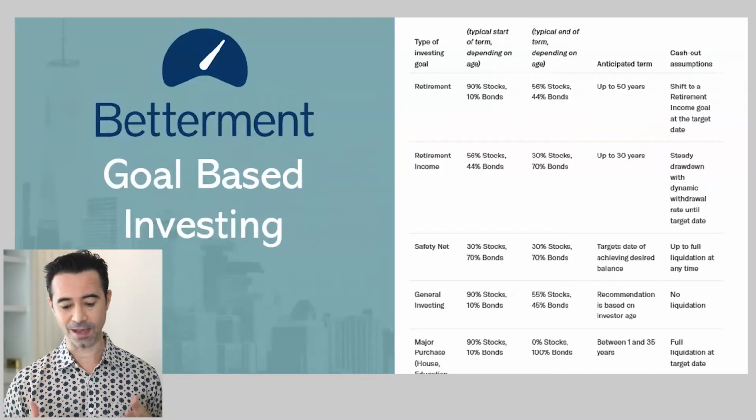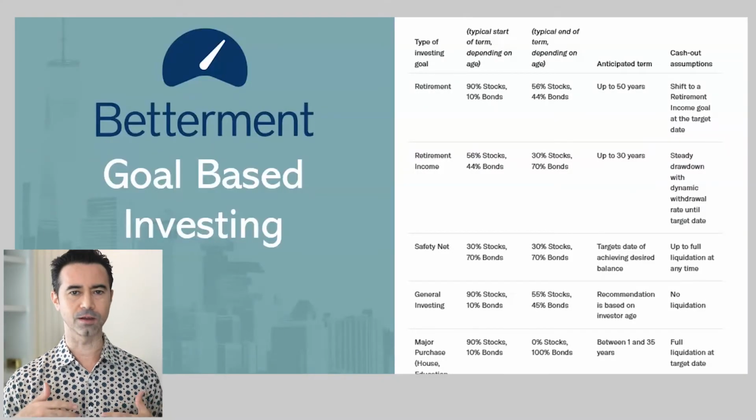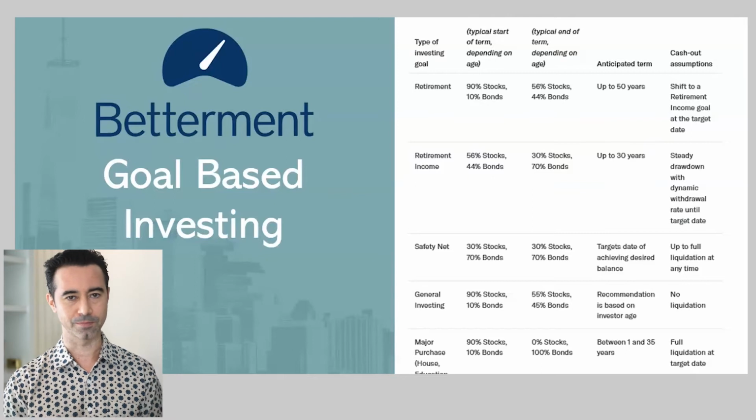And to figure all of this out, it is best that you link all of your different accounts so Betterment has access to seeing how much money you have everywhere, and they can link everything together and structure it correctly. As long as you do that, you can get to the point where you have more of a goal-based account with Betterment.